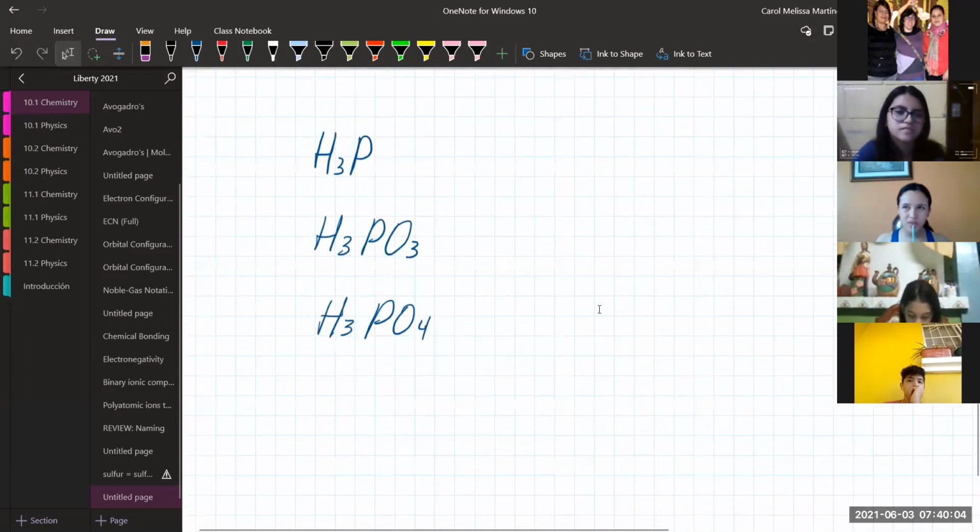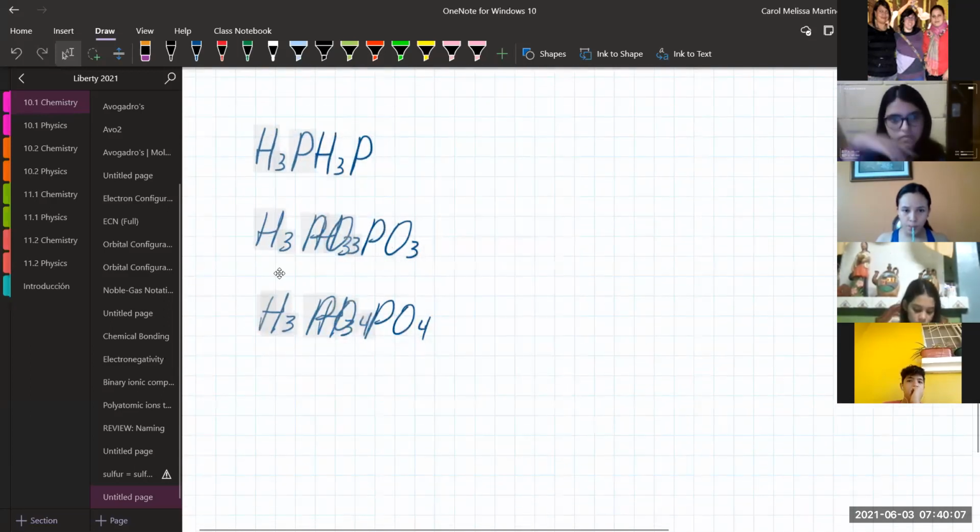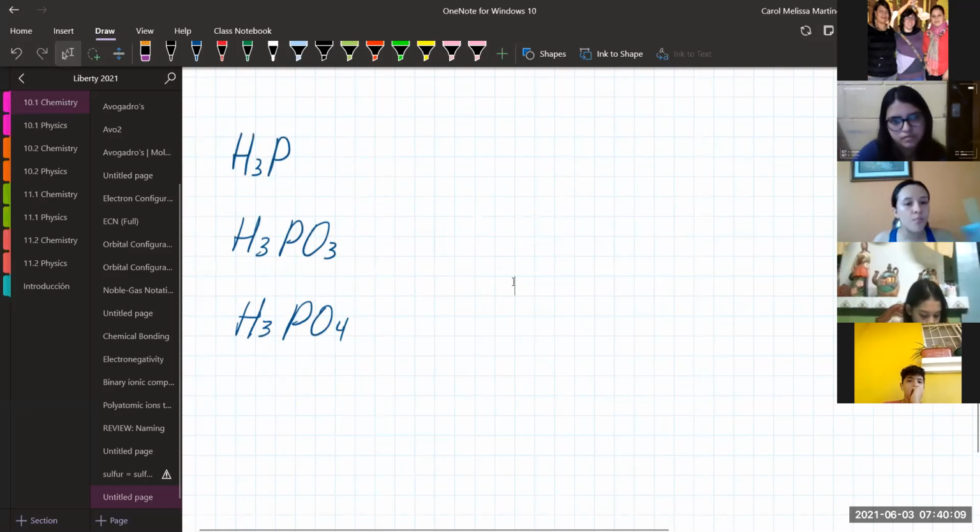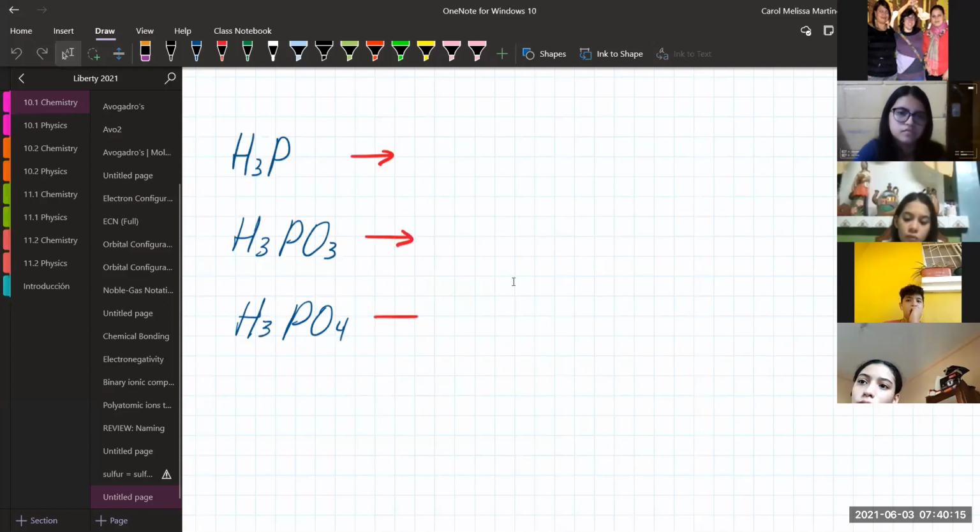Okay, take a look at this one. How can we name these acids? First, we need to see how the acid is composed.